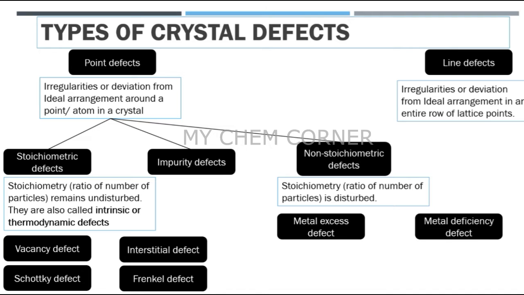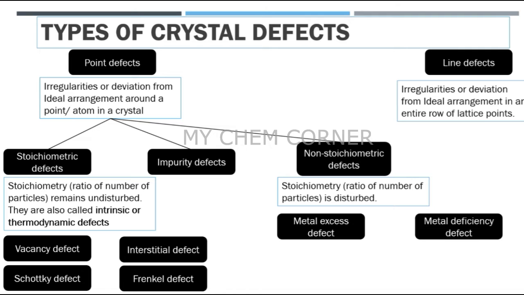Now, non-stoichiometric defect can be classified as 2, metal excess defect and metal deficiency defect. So, like I've told you, if you have another metal coming in picture in that particular crystal, you can have a metal of a different valency. In that case, you're going to have a metal excess defect because in that particular crystal, you're going to have more number of metals right now.